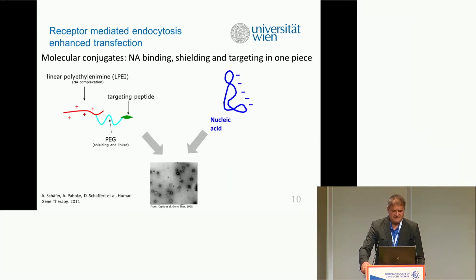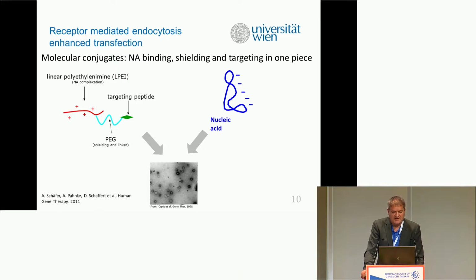The other option is you add a specific ligand. So what many labs did, and we also do, is we form molecular conjugates. This is relatively simple chemistry. You have a binding moiety, which should carry a polycationic charge.